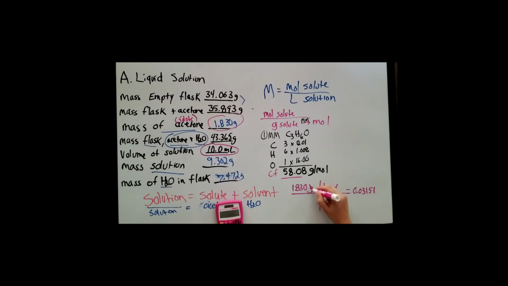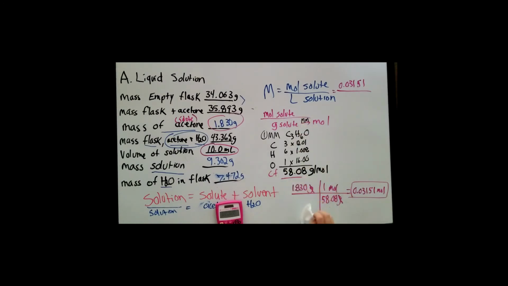So my grams canceled, so the units on this is moles. More specifically, moles of solute. So this piece of information, the moles of the solute, is going to go in the numerator. So I'm going to copy that up here now. So I have one piece of information to calculate my molarity.